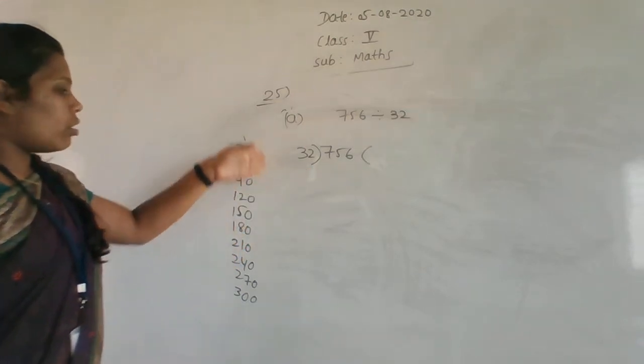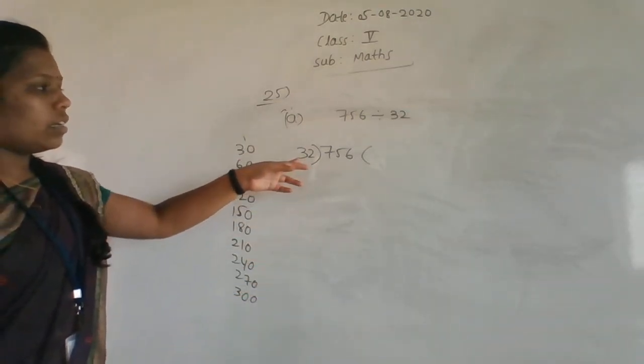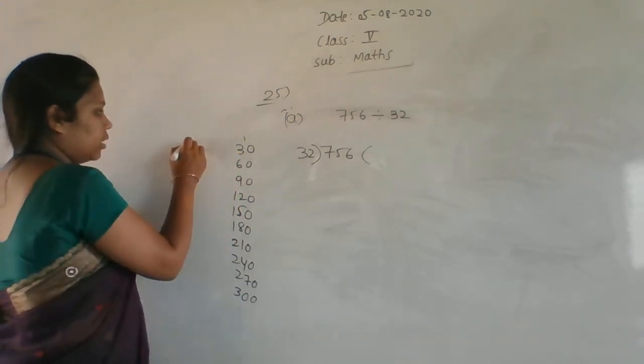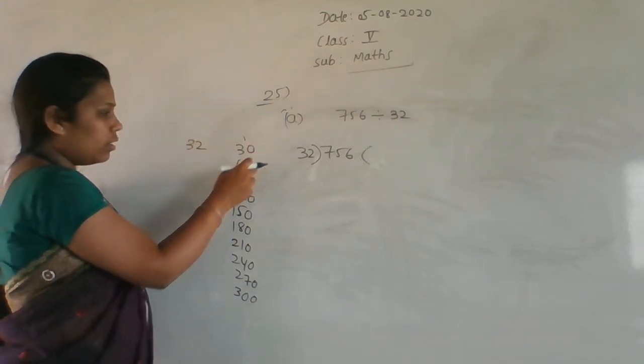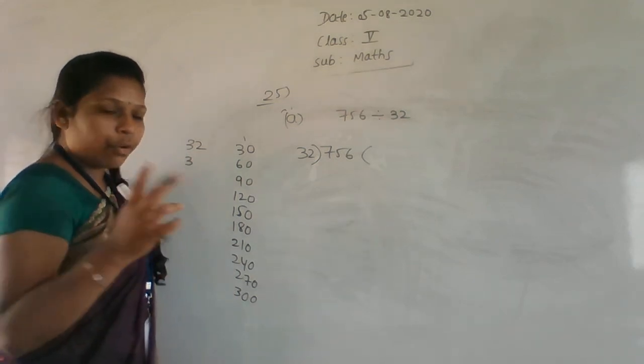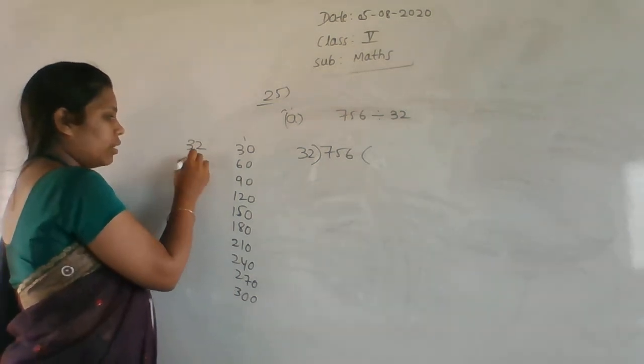But we want the 32 table. So for this, add the 2 table values. See here, I am adding 2: 32. Next, 2 2s are 4, add that, 64.